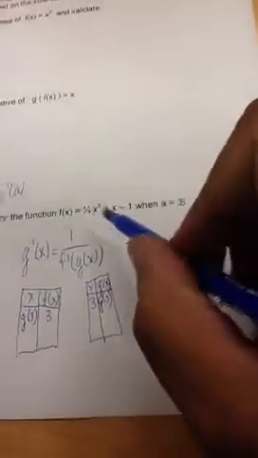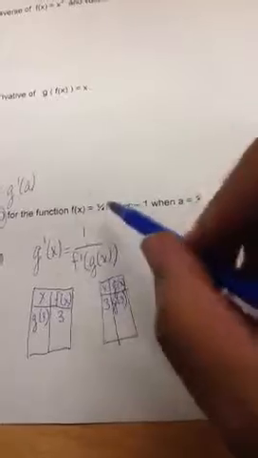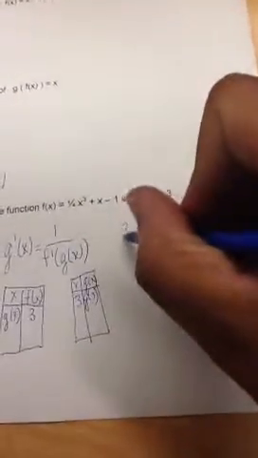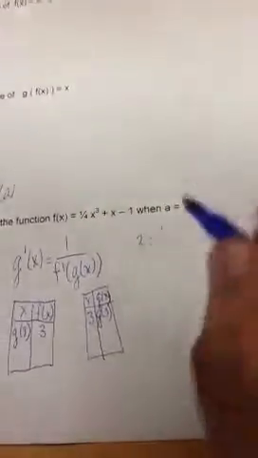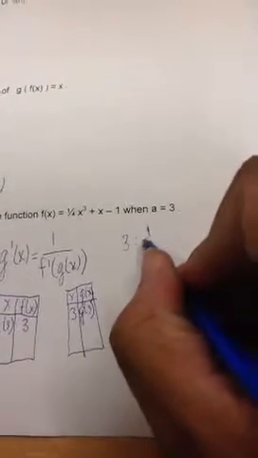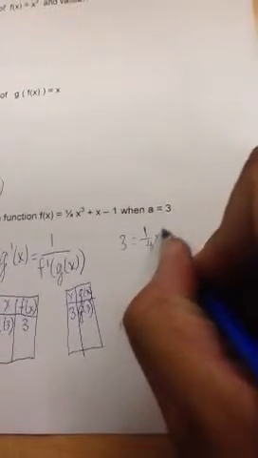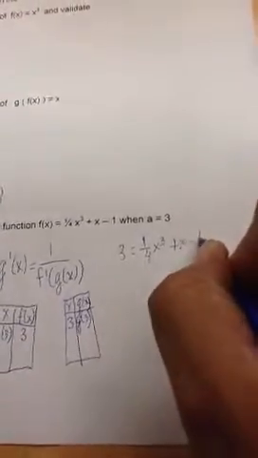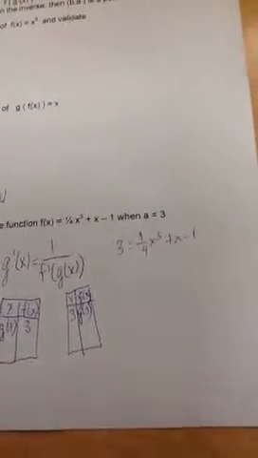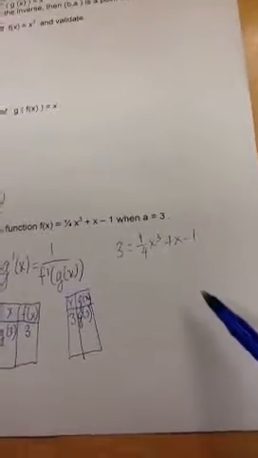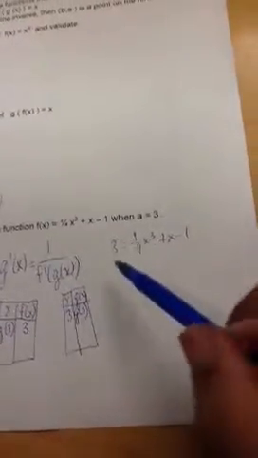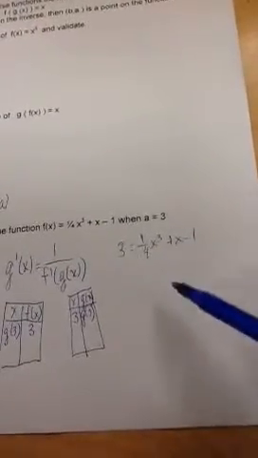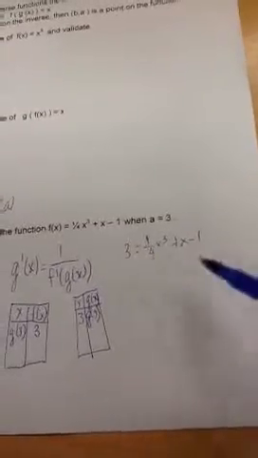Here's that value. So here's my function. So it's going to be 3 equals 1/4 x to the third power plus x minus 1. So I have more than one representation of x. So all I do is bring the 3 to the other side.